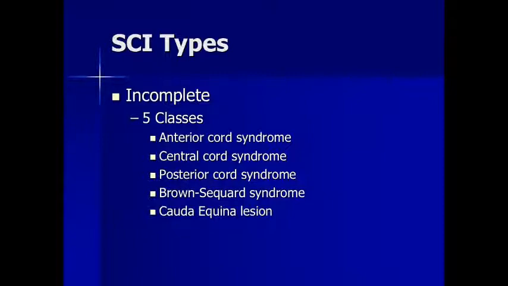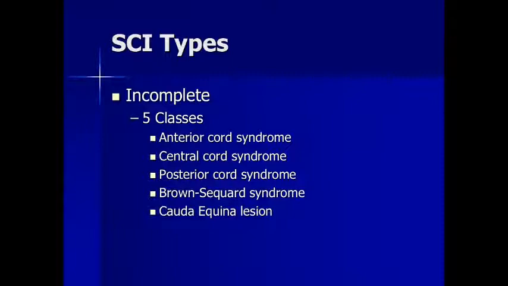The final incomplete class of spinal cord injuries is cauda equina syndrome, or lesion. This is injury to the nerves located between the first and second lumbar region. You can have partial or complete loss of sensation, and in some cases the nerves regrow and function is recovered.